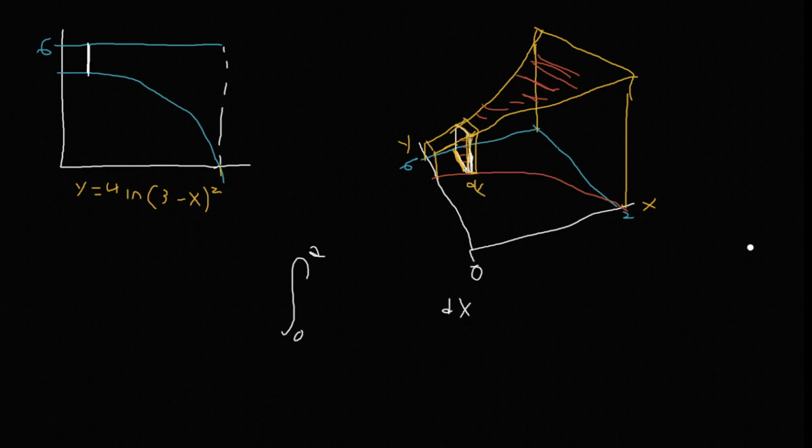So the thickness of our rectangle is dx, and one side length is, in this case, 6 minus our function value, which is 4 ln of 3 minus x. This is not squared. 3 minus x.